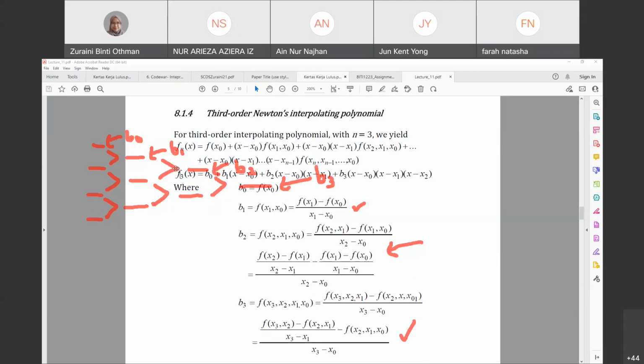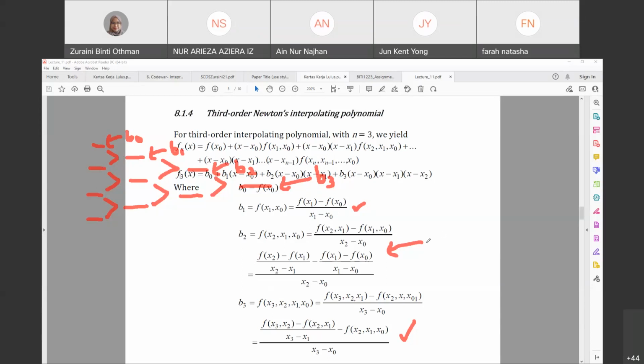And yang dekat sini, yang paling besar dia dekat sini, this is X2 tolak X1, X2 tolak X0. Yang ni. And yang atas ni lah, of course, yang dekat dia, kat sini lah X1 tolak X0.